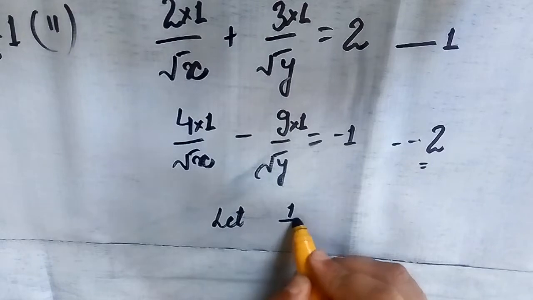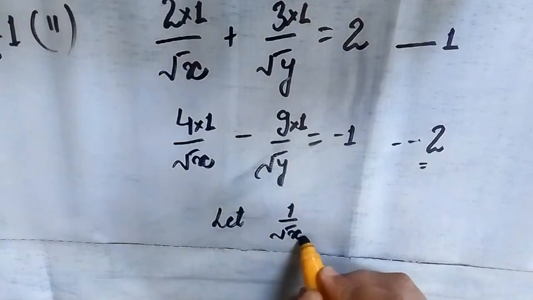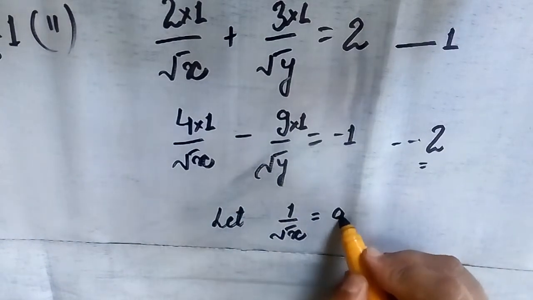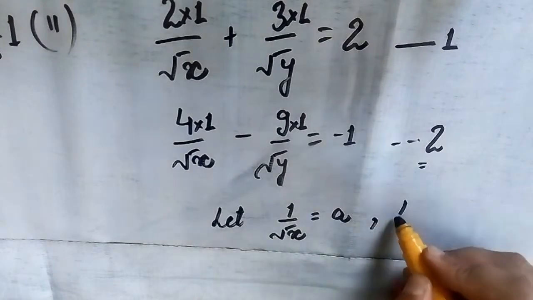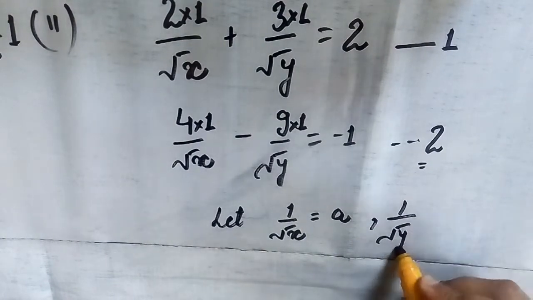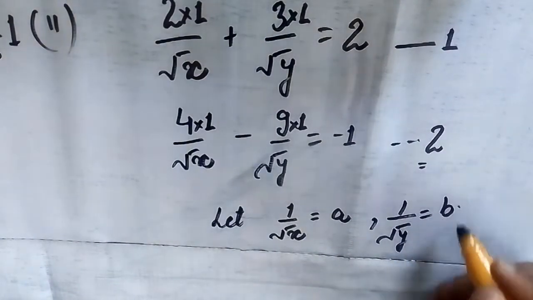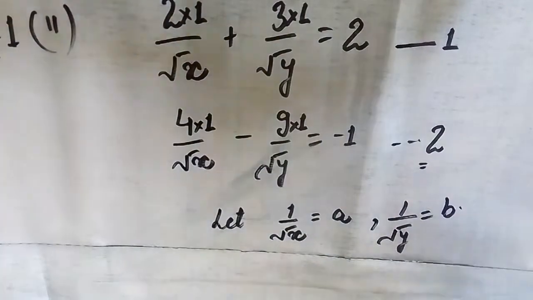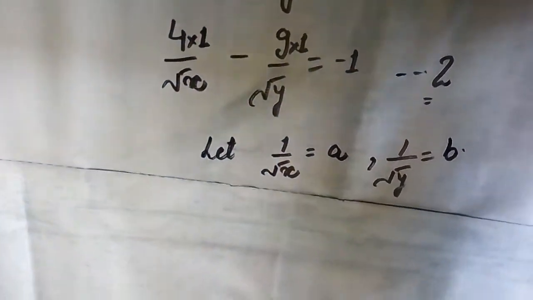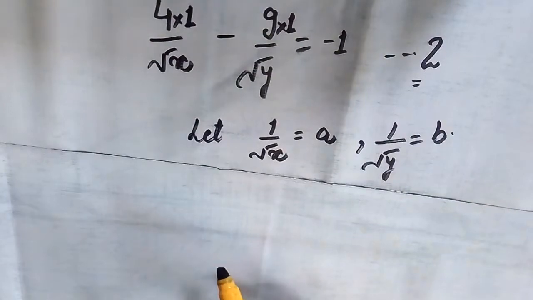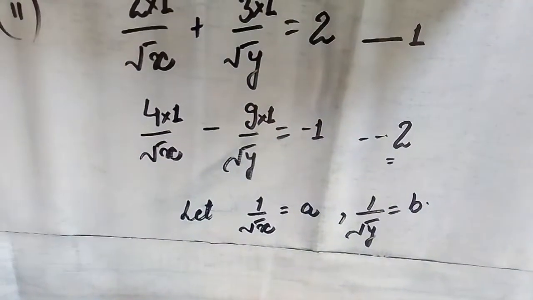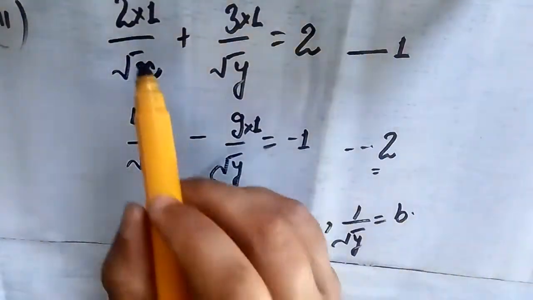So let 1 upon square root of x equal a and 1 upon square root of y equal b. Now we have to substitute the values in our equations 1 and 2.